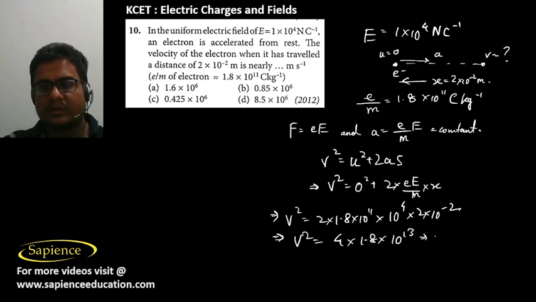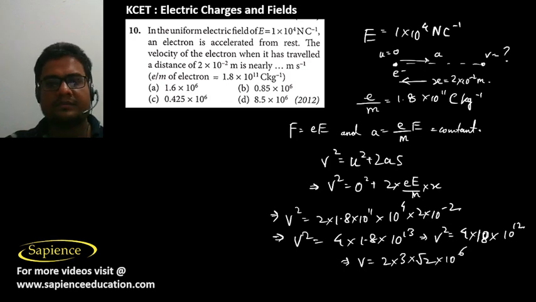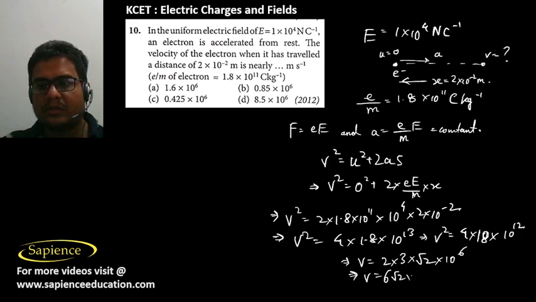So v square is 4 into 1.8 into 10 power 13 and v will be equal to 2 into 3 into 10 power 6. So this is v equal to 6 root 2 into 10 power 6 meter per second.